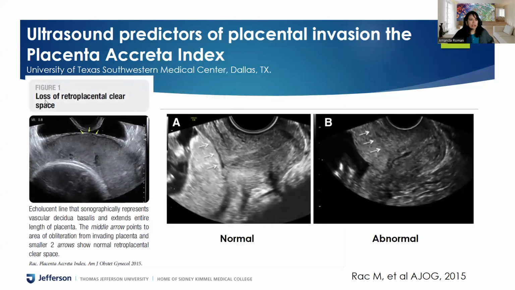Other findings: loss of the retroplacental clear space. So what's that? When we're doing ultrasounds, we can see exactly where the placenta ends, and we can draw with a pen where the placenta ends and where the myometrium is, and we can measure the thickness of the myometrium. So in abnormal cases, we don't see that. It's kind of continuous between the placenta and the serosa, and sometimes we don't see exactly where the placenta ends.